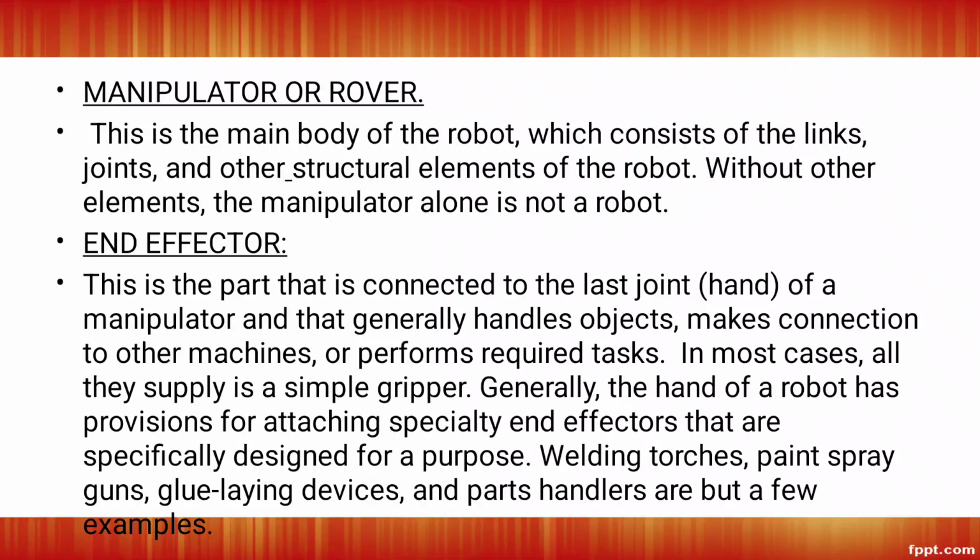In most cases, all they supply is a simple gripper. Generally, the hand of a robot has provisions for attaching specialty end effectors that are specifically designed for a purpose. Certain examples of these end effectors are welding torches, paint spray guns, glue laying devices, and parts handlers, to name a few.